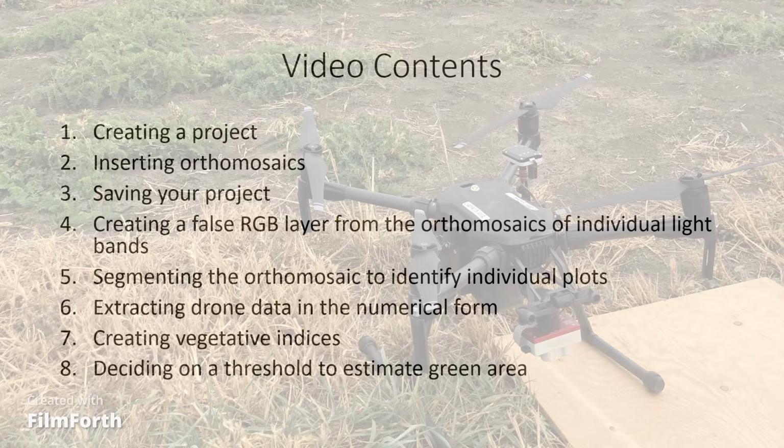And this comes from the individual light bands that you created orthomosaics for previously. Then will be followed by segmenting the orthomosaics to identify each plot, then extracting the drone data in the numerical form, creating vegetative indices, and deciding what threshold to use for those vegetative indices to estimate green area.